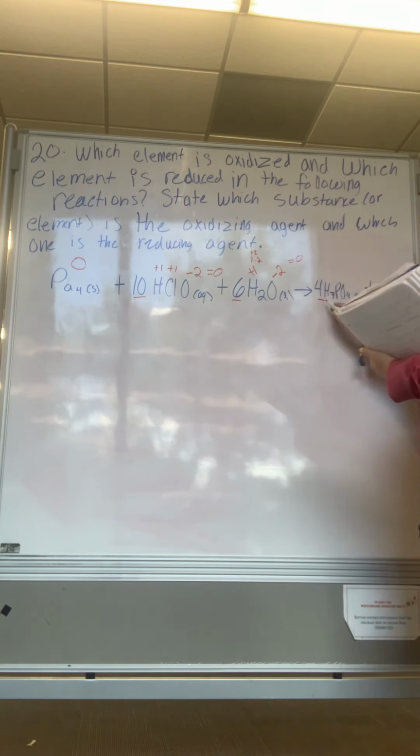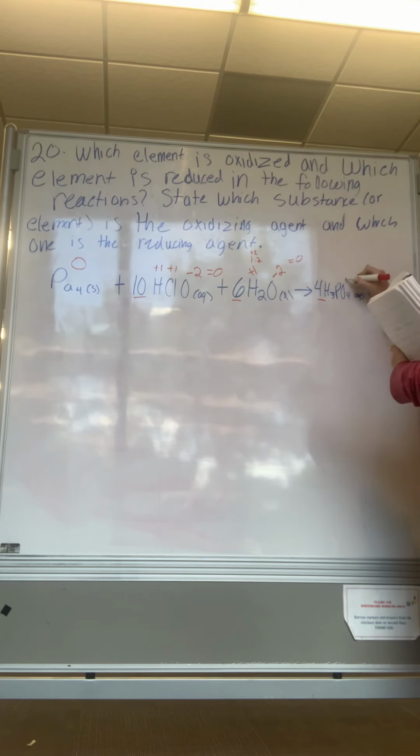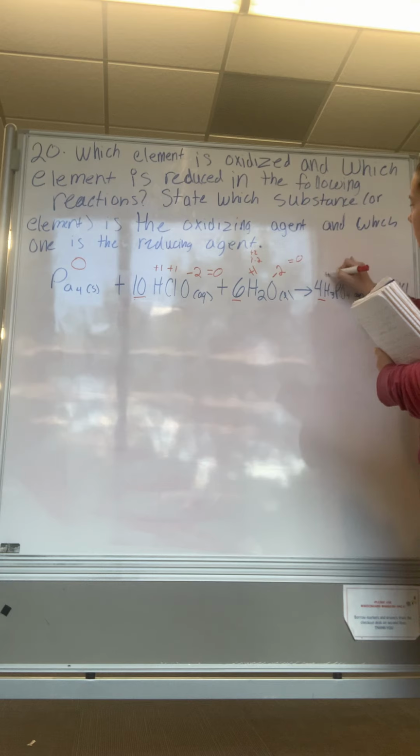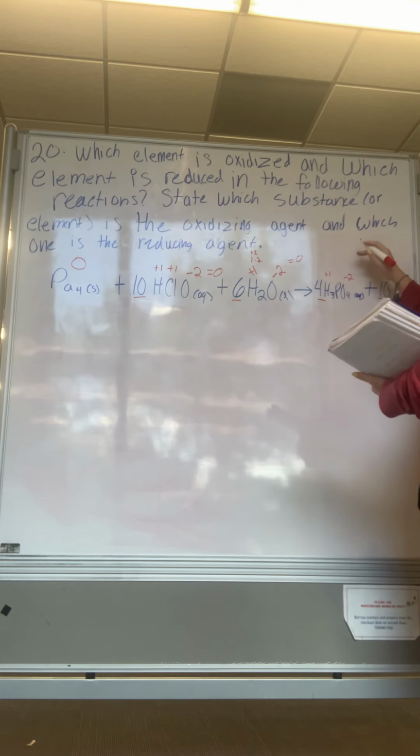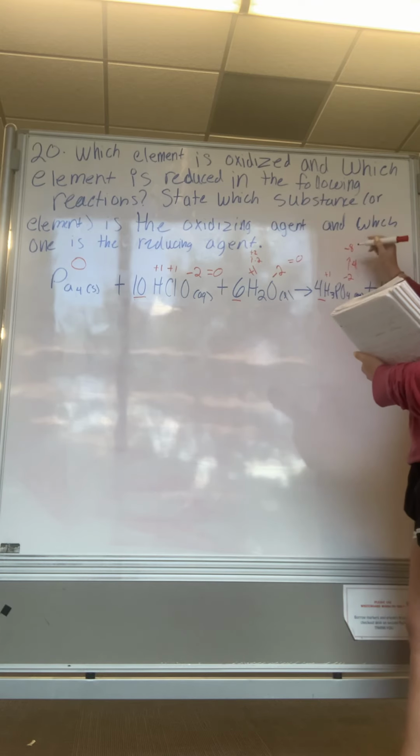And then we have H3PO4. Oxygen is -2, hydrogen is +1. There are 4 oxygens, so we're going to be multiplying it by 4, and we get -8 for oxygen.